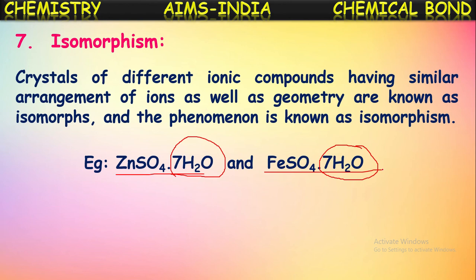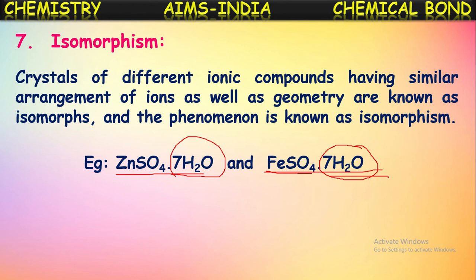If you observe, both are having similar arrangement of ions. Zn2+ ion combined with sulfate ion. Fe2+ ion is combined with sulfate ion. This molecule is with 7 water molecules. This is also with 7 water molecules. And they will be having similar geometry also. Such kind of ionic compounds are called isomorphs.